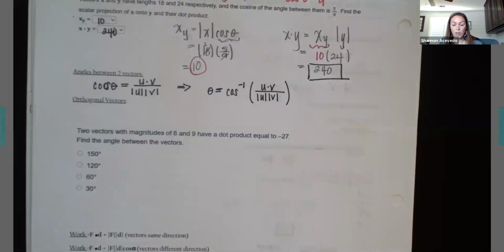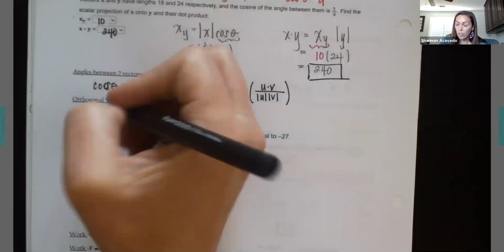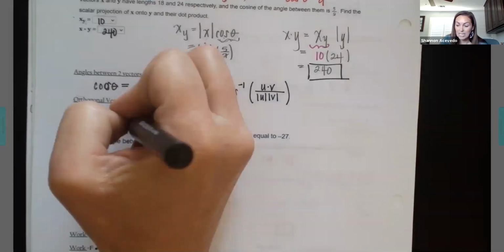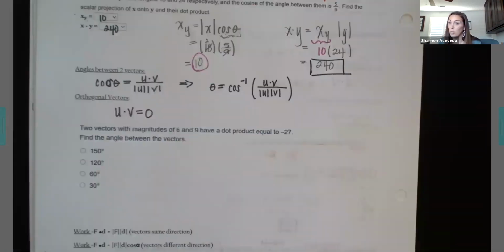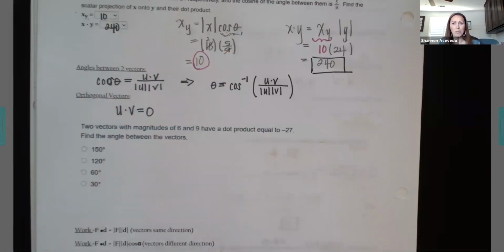Vocabulary, orthogonal. Okay, so are vectors orthogonal or not? Those are going to be questions you're asked. How do I know if they're orthogonal? First off, I know they're orthogonal if the dot product is equal to 0. What does orthogonal mean, right? What am I even looking for?